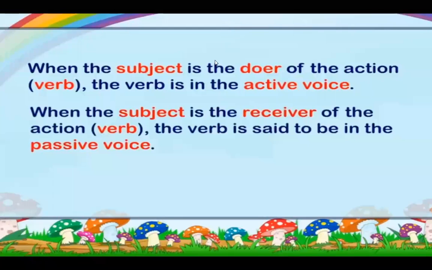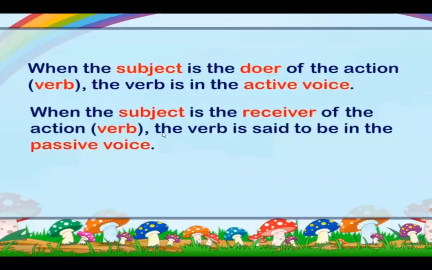Okay, so I am repeating once again. When the subject is the doer of the action, means when the subject is the doer of the verb, it is in the active voice. And when the subject is the receiver of the action, means the subject is the receiver of the verb, then the verb is said to be in the passive voice.